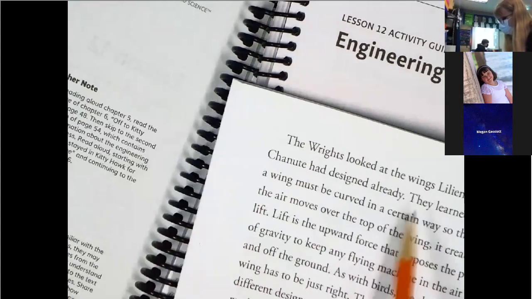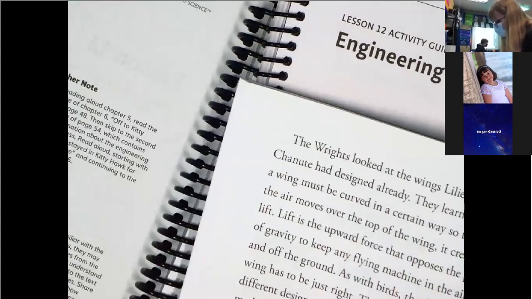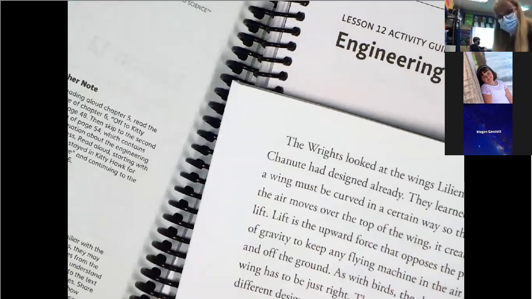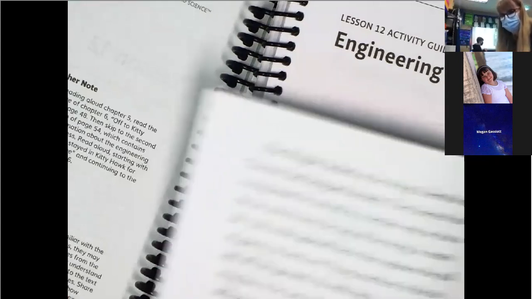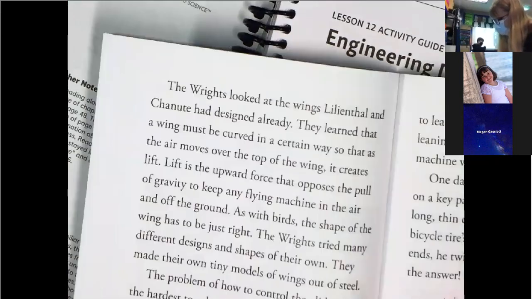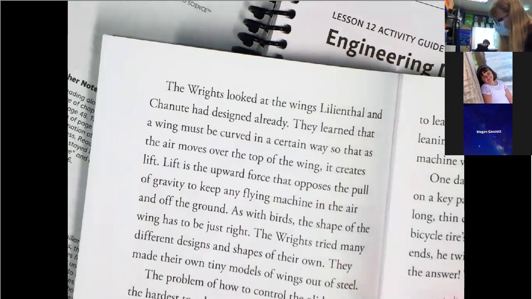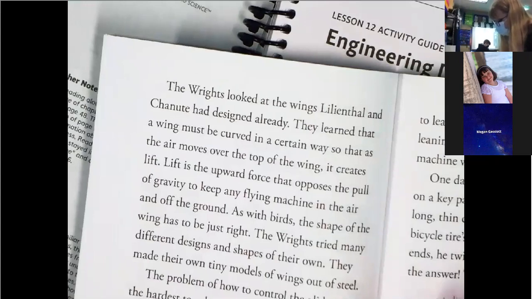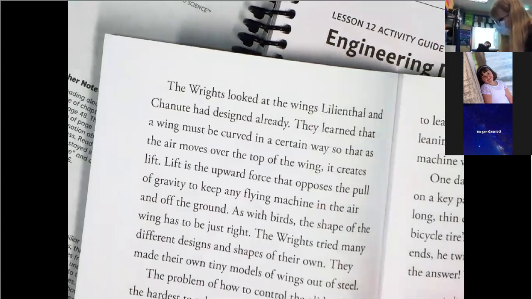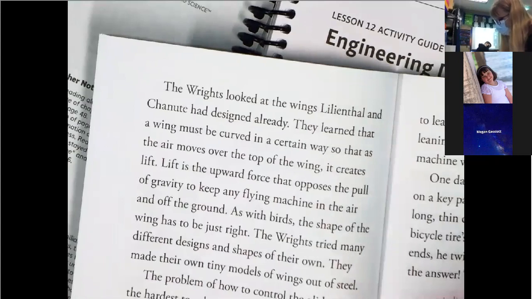So looked at the wings. They looked at the wings. You can either write these guys' names or others.